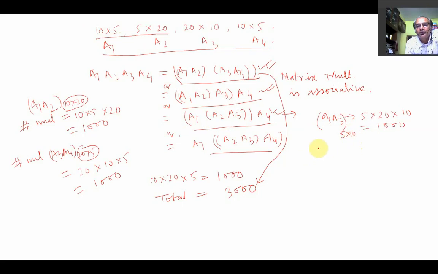So the number of multiplications for the second step is 10 into 5 into 10, which is 500. Now after this you will get a matrix of order 10 into 10, right?